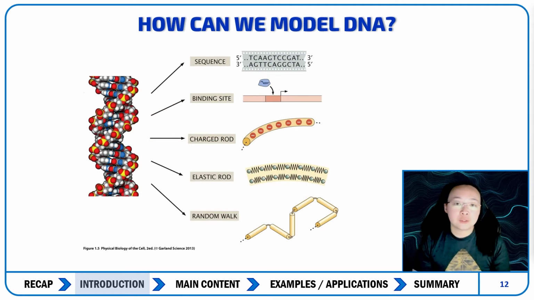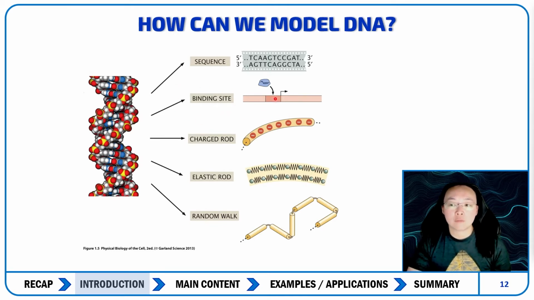Back to what we were discussing at the beginning: how can we model DNA? We can model DNA in many different ways, and we are going to go through a few of these in subsequent chapters. First, we'll look at the sequence of DNA. That means we have information provided from the sequence so that we know exactly what kind of hydrogen bonds are taking place, how many of them, and what kind of structure we have. In the next one, we have a binding site modeling system.